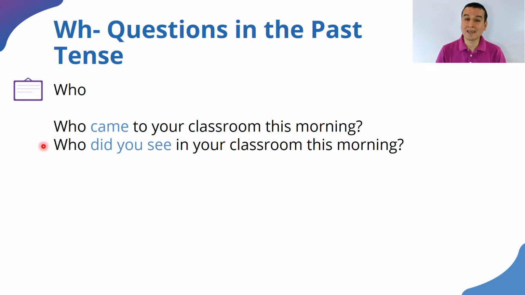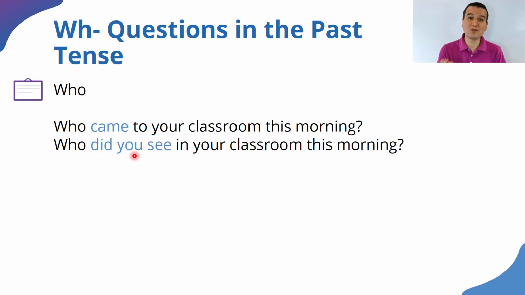Now, if we have a sentence that starts with who, but we are not asking about the subject, the doer of the action, but about the object. For example, in this question, who did you see in your classroom this morning? Who did you see? Who are we asking about? The person that you saw. The subject is you, and it is already there.